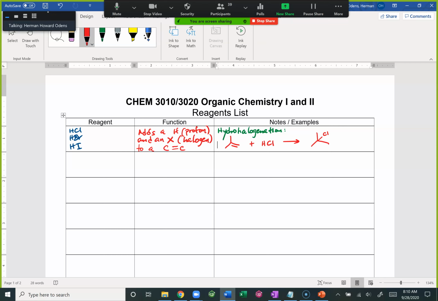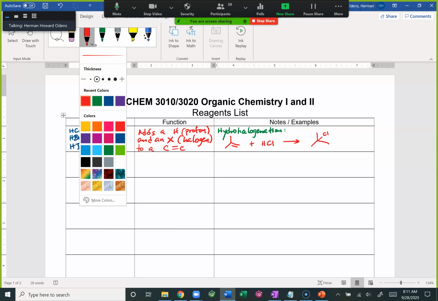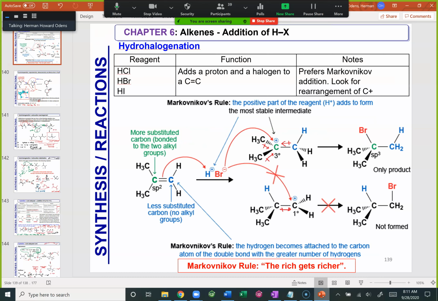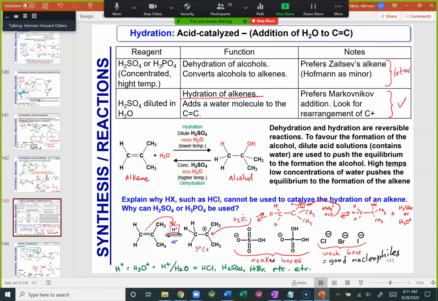Every time that you see a new reaction, write it down, write the example, even write down the name of the reaction. That's going to give you the desired vocabulary in organic chemistry. So when you see something like this, oh yeah, I'm dealing with a hydrohalogenation. When you see the next example, like this, this is hydration.